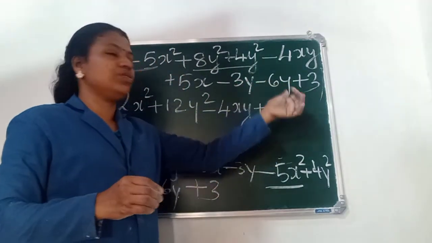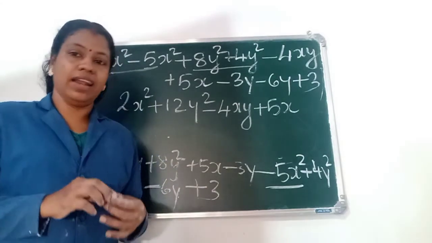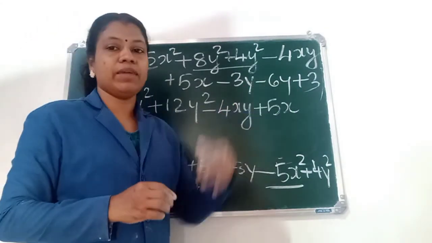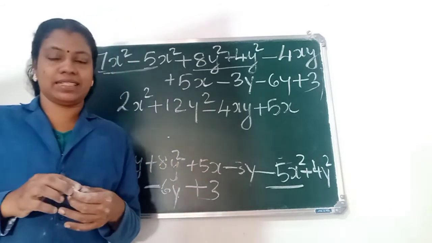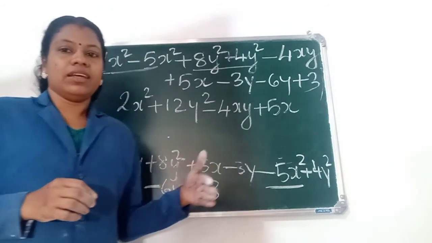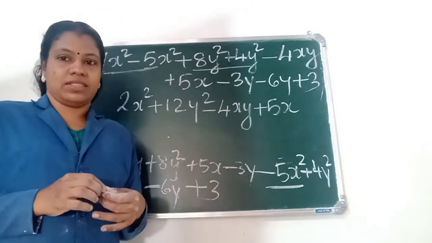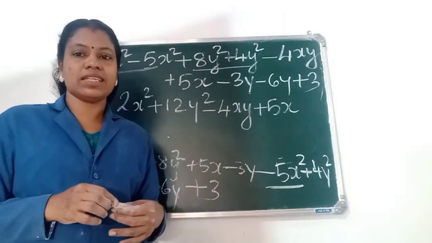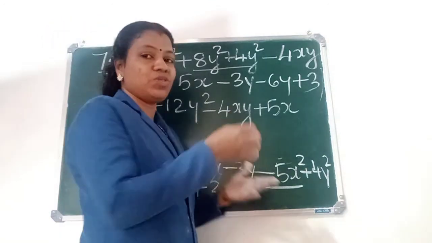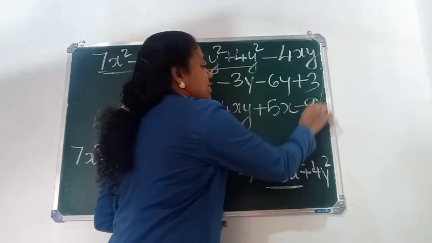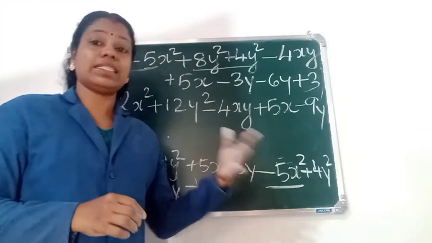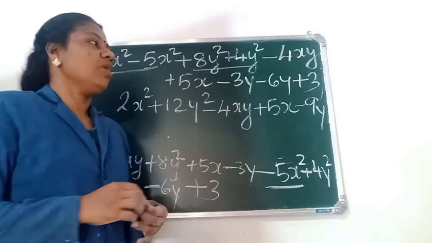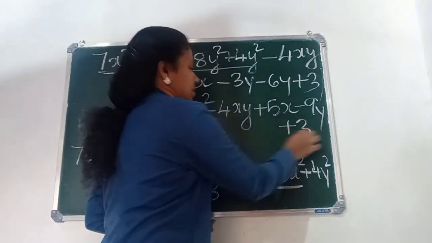Now what about these two terms? They are like terms, having the variable y, and both have a minus sign. So here the operation is addition: minus 3 plus minus 6, minus and minus, gives minus 9y. Minus 9y. Then the last term, plus 3.